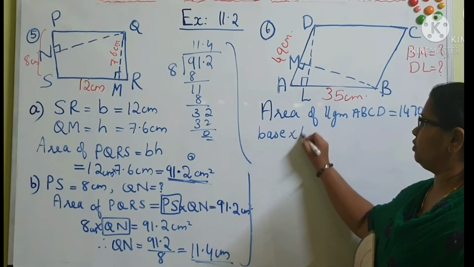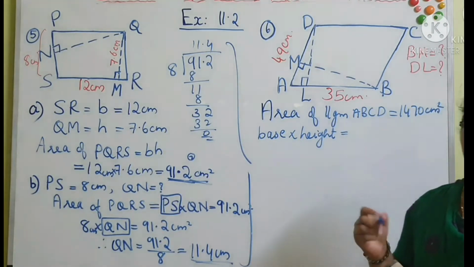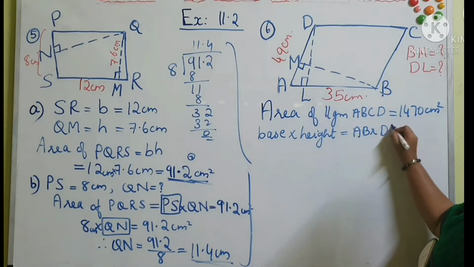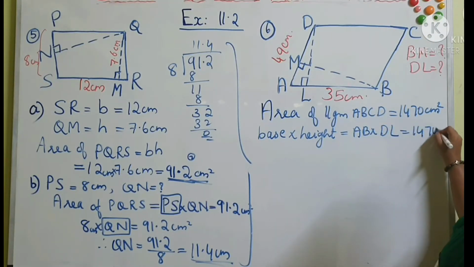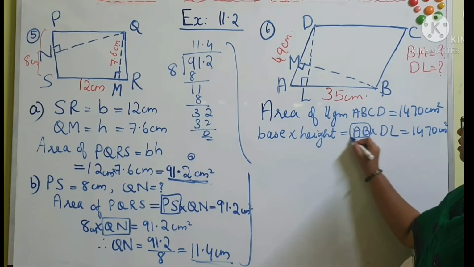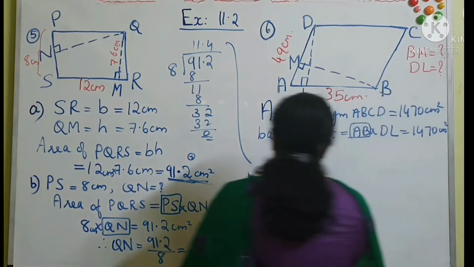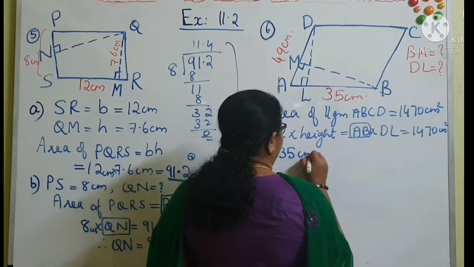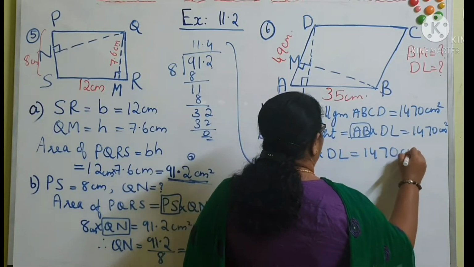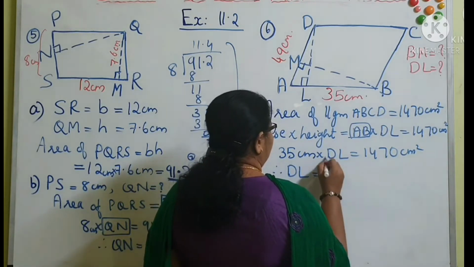That is base into height is equal to AB into DL, and that is equal to 1470 centimeter square. Then the length of AB, we know it, 35 centimeter. So 35 centimeter into DL is equal to 1470.